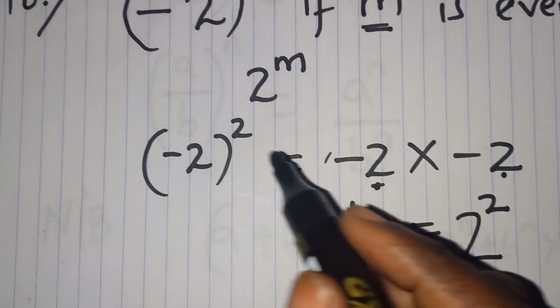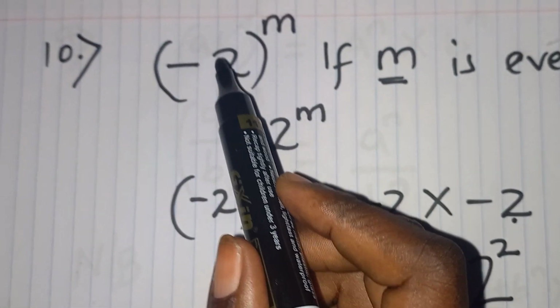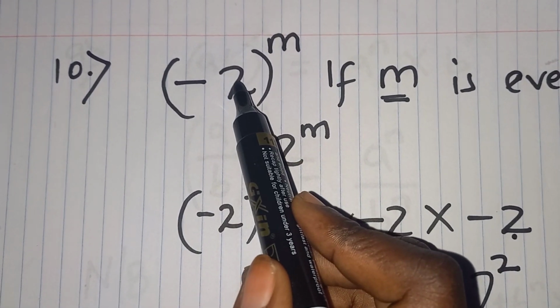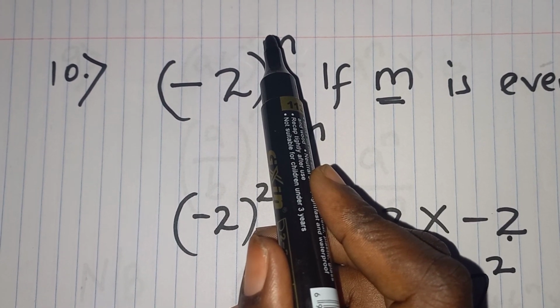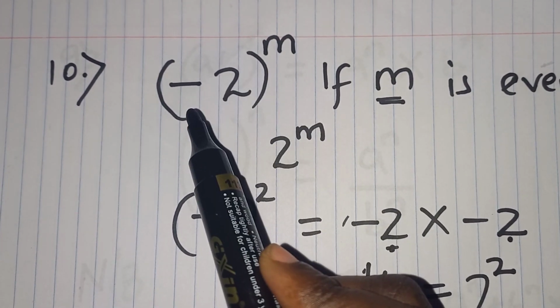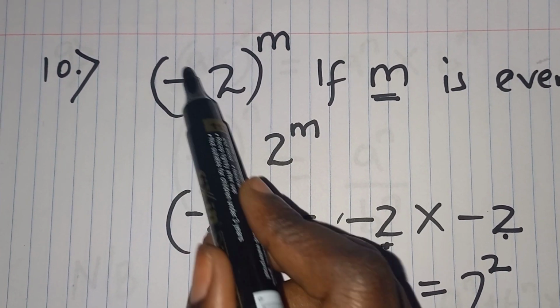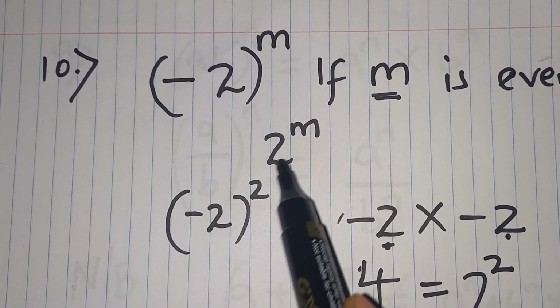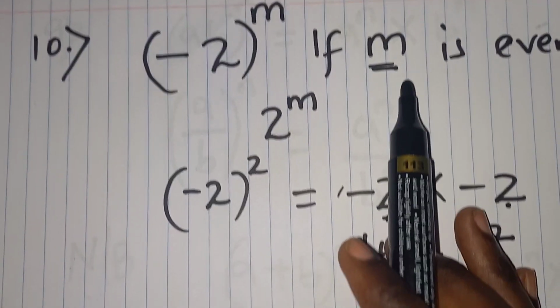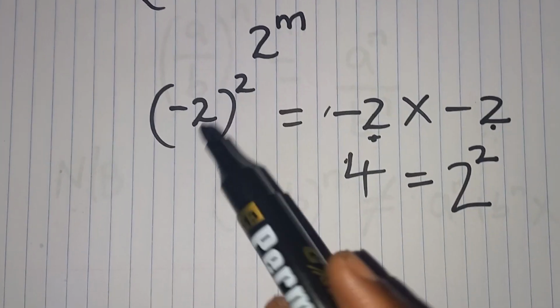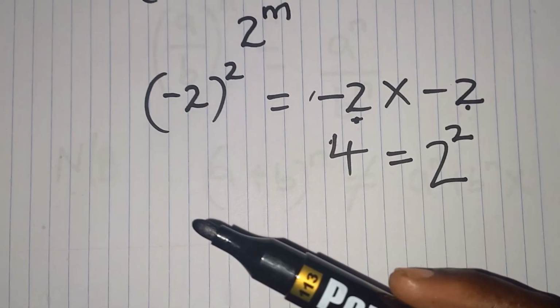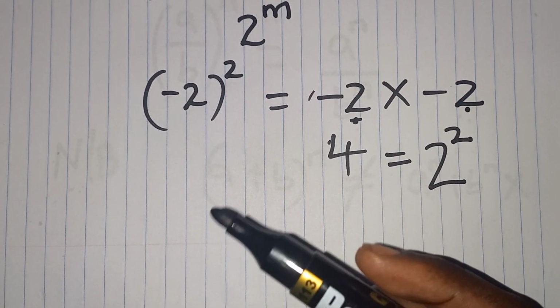So that is why I say that if you have a negative number raised to power an even index, then that negative will go and you will be left with this. That will not be the same if the index is an odd number.